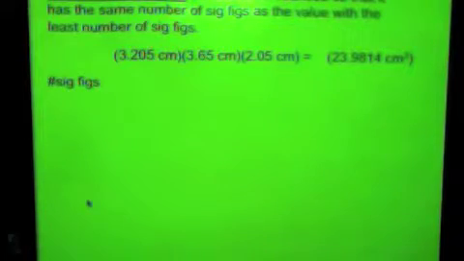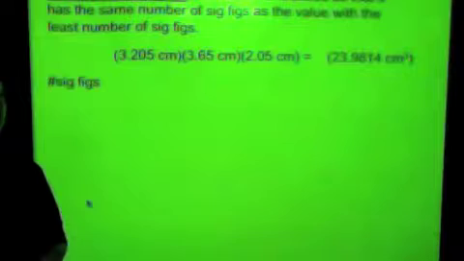So, for example, I'm going to multiply 3.205 times 3.65 times 2.05. If you plug that straight in, you get 23.9814 centimeters cubed. Okay, if you give me that answer, yes, you will get partial credit, but you will not get full credit.